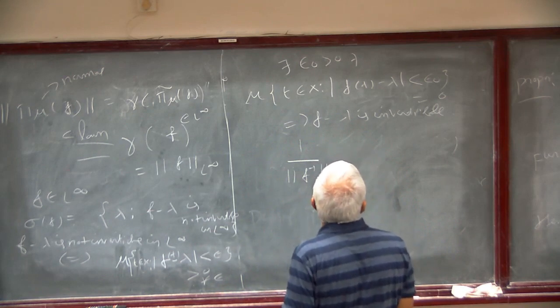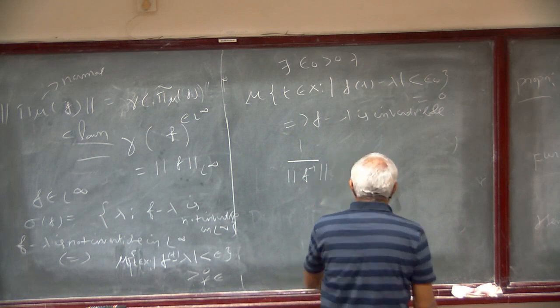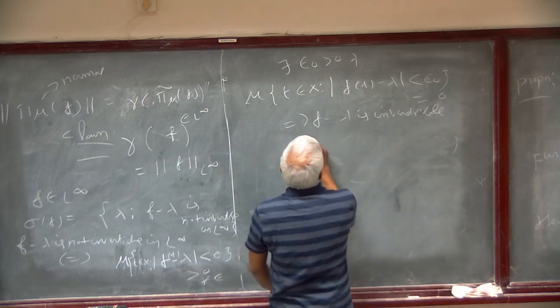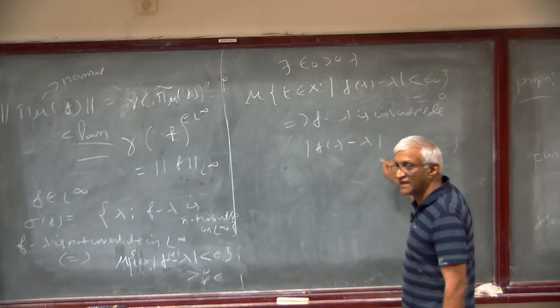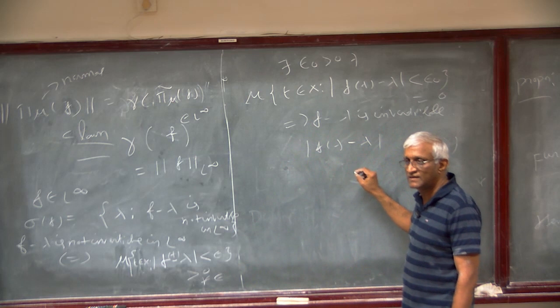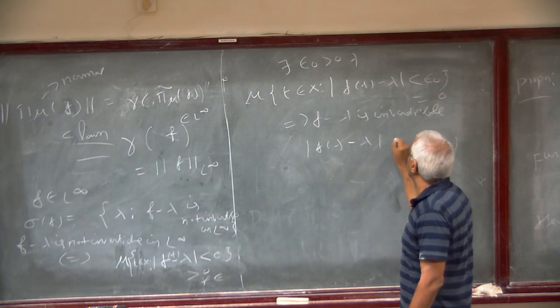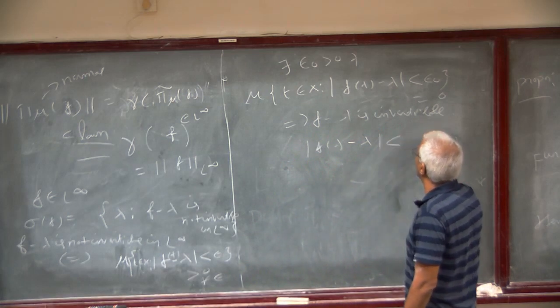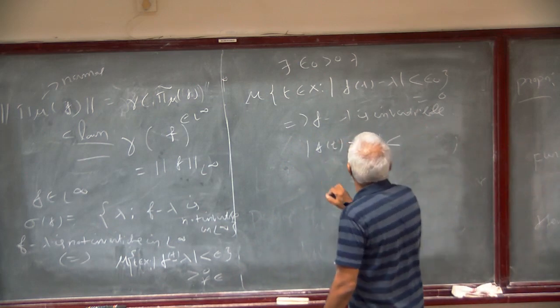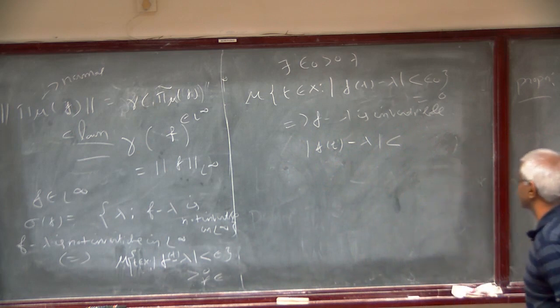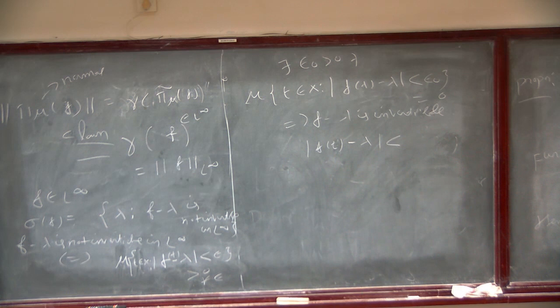You are taking 1 by the norm of F of t minus lambda. Correct.